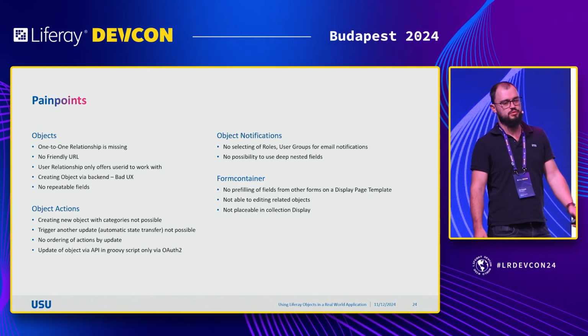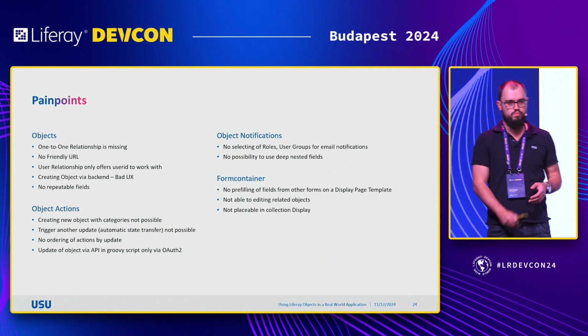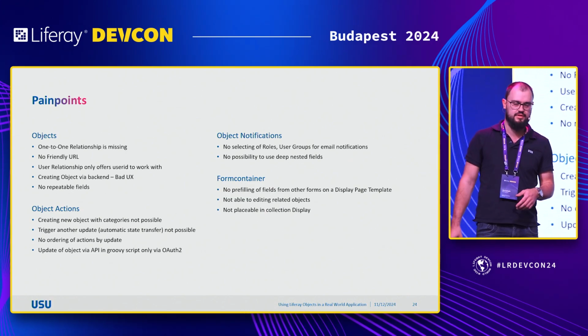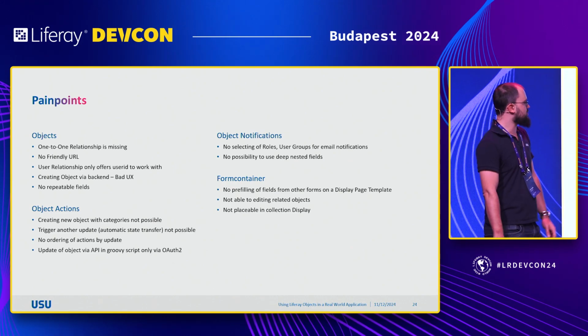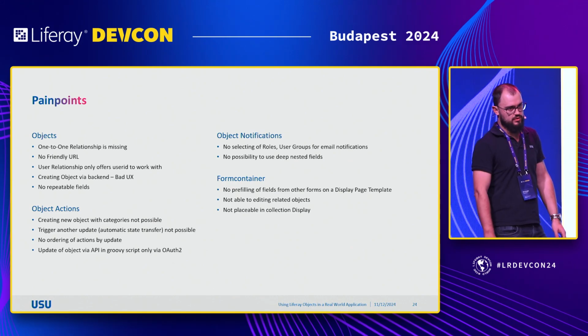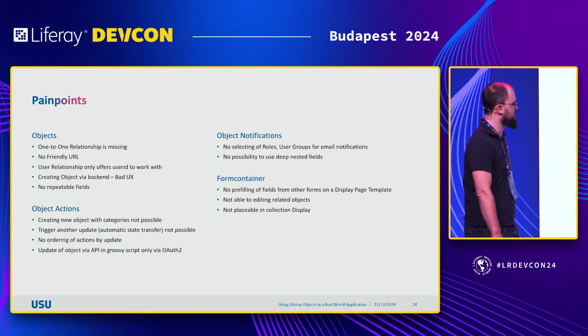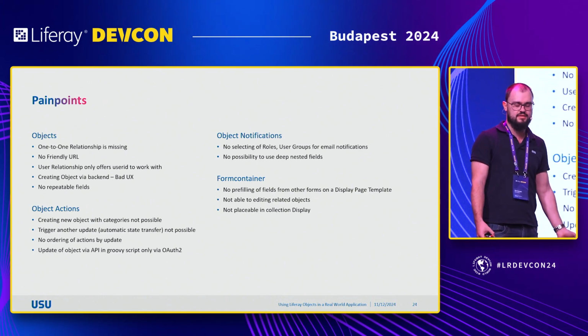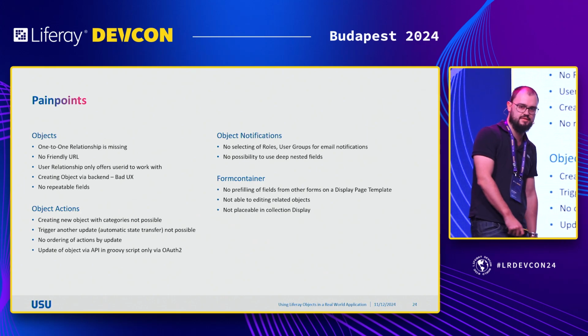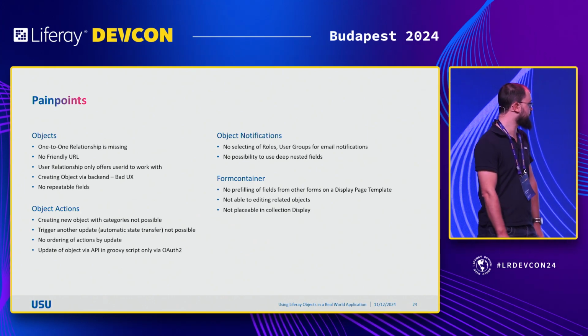And you have to explicitly add an OAuth application to use the REST API to update your object. For the object notifications, you can't select roles or user groups to send emails to. And you don't have easy access to deeply nested fields in this object area.